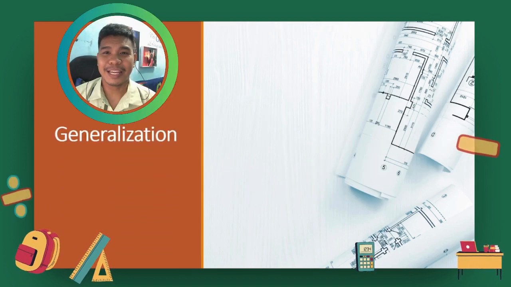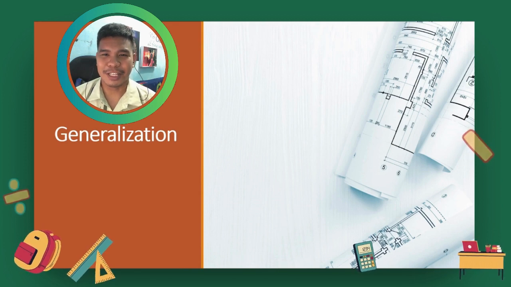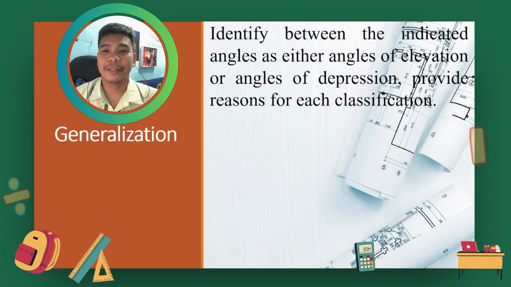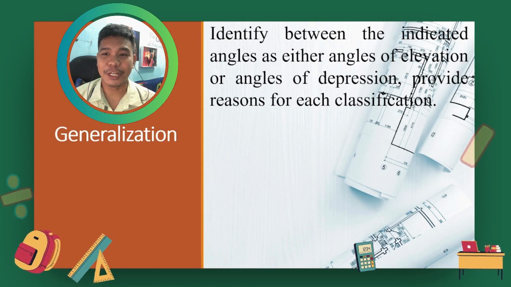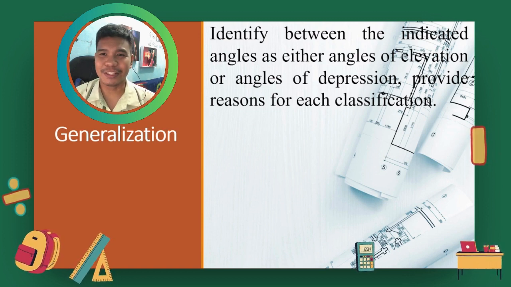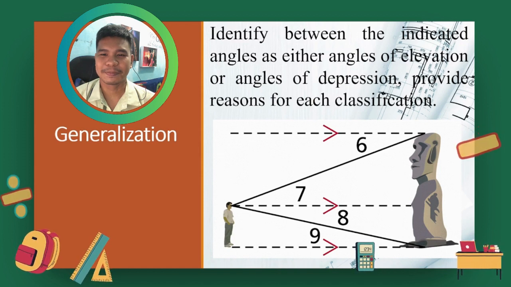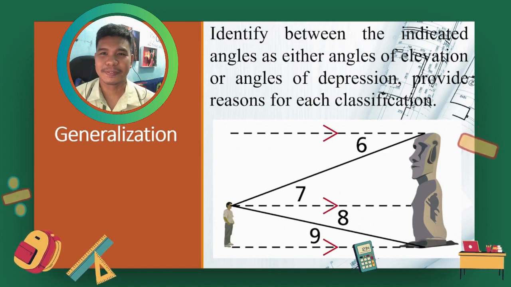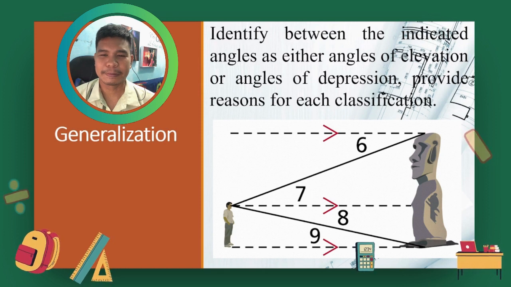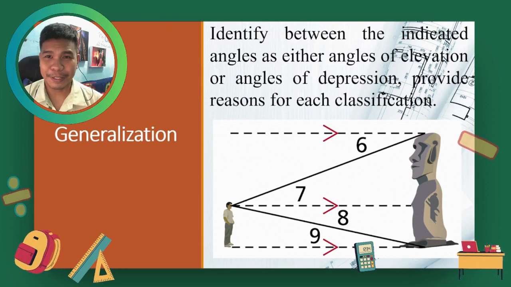To generalize our lesson for this session, identify the indicated angles as either angles of elevation or angles of depression and provide reasons for each classification. Here is the illustration. Very good.